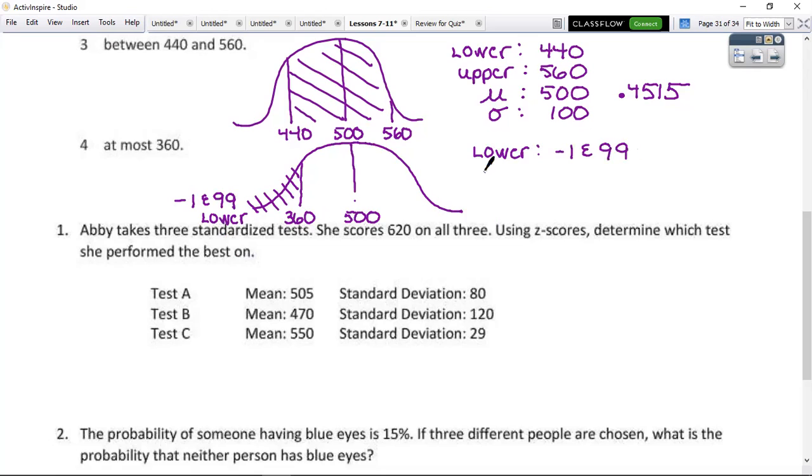And my upper is 360. And my mu is 500. And sigma is 100. All right, so those are your three cases once more. So I'm going to go second bars, normal CDF, -1E99, upper 360, and then nothing else changes. Also, a very small percentage. So 0.0808.